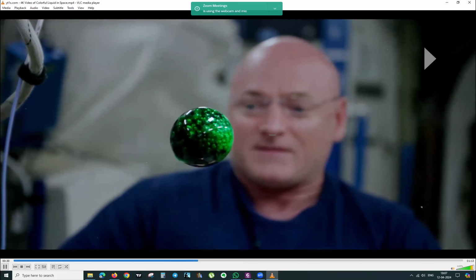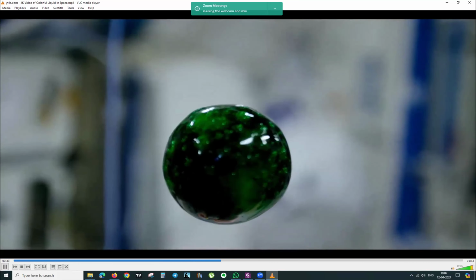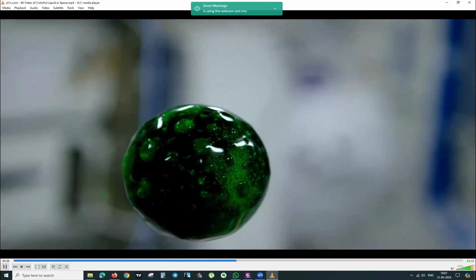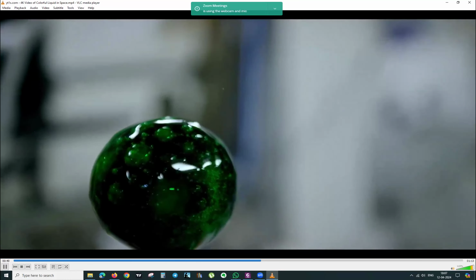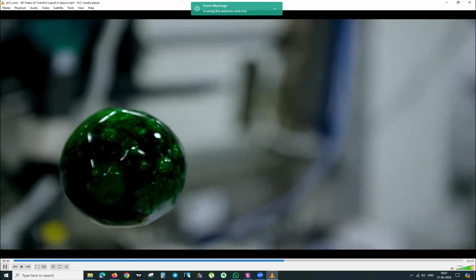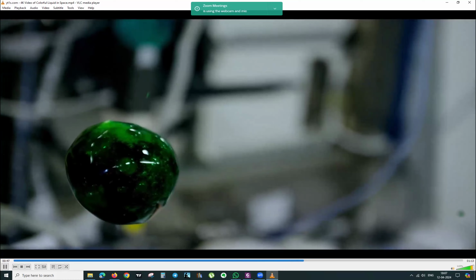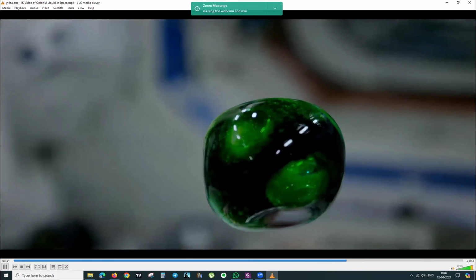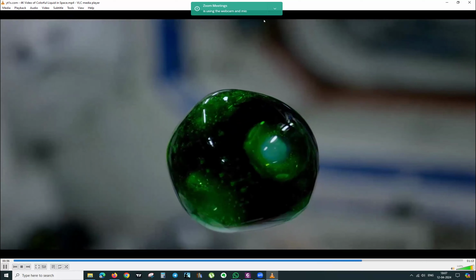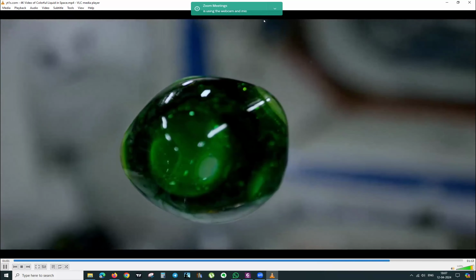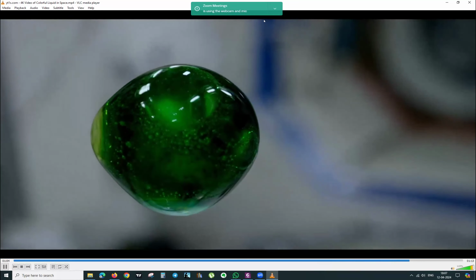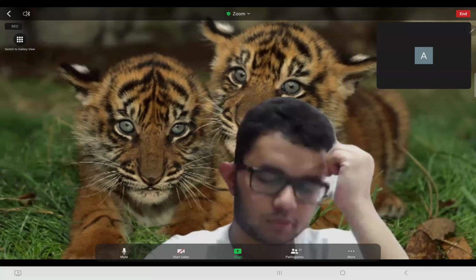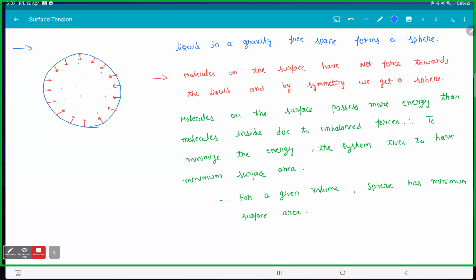So bubbles are just stuck. So there, it does actually look spherical. Do have a look at this.